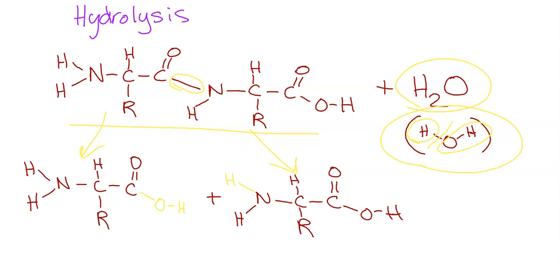And you notice this OH group that refilled that section of the COOH group, that is coming from this OH in the water that we took apart. Okay, something had to rebuild that bonding site. And this H right here that completes that amino group in the other amino acid, that is coming from the H that was in the water.